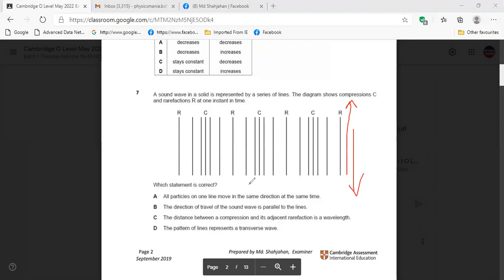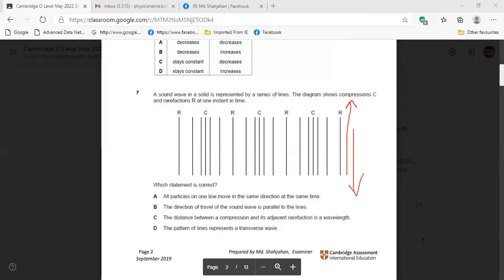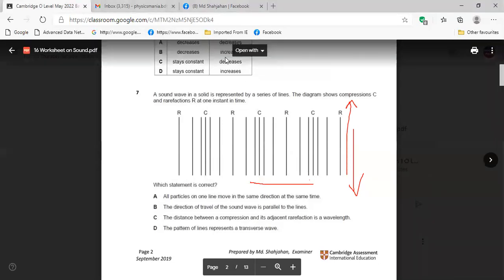The wave is going in the perpendicular direction to the lines. This statement is a little confusing with the definition, and that's why students become confused. This is a tricky part. Try to understand, please, then you'll get it. This part is making this question difficult.